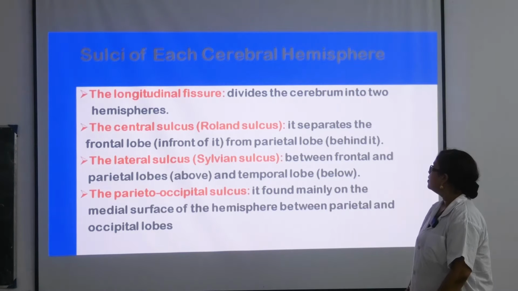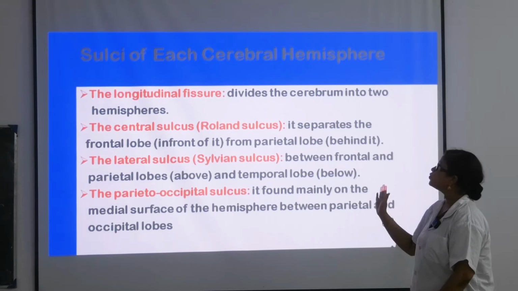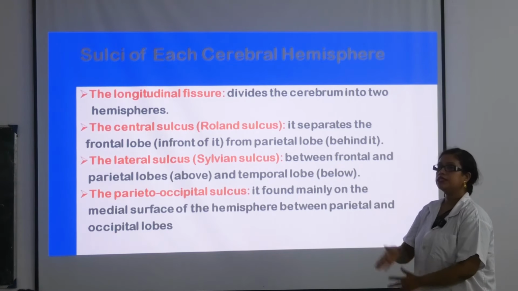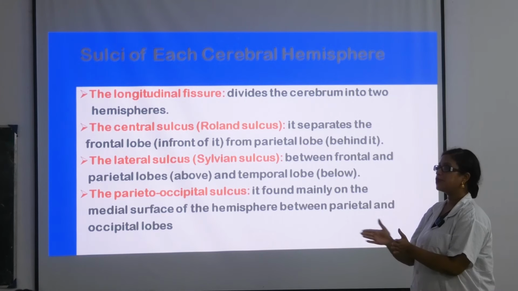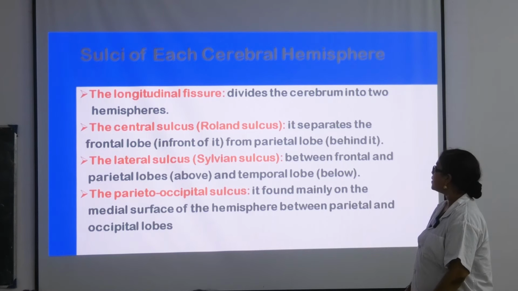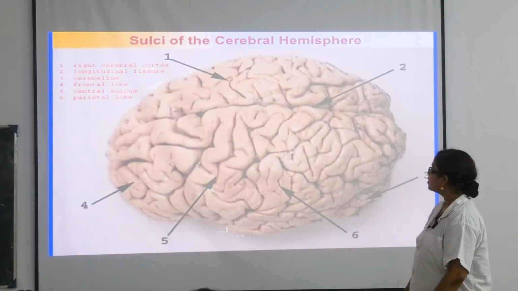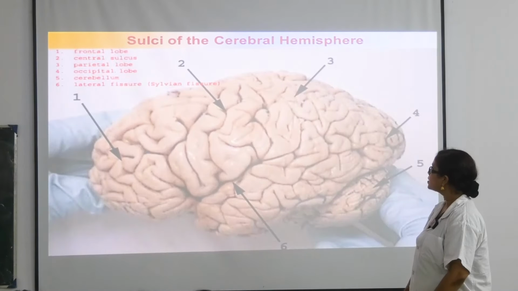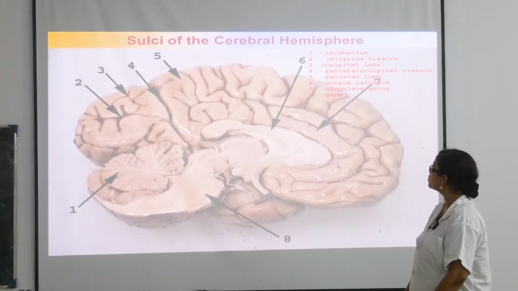Okay, so which one is the longitudinal fissure? যেটা throughout দুটো cerebral hemisphere কে divide করছে, so that is the longitudinal fissure. Okay, and the last one is the parieto-occipital sulcus.